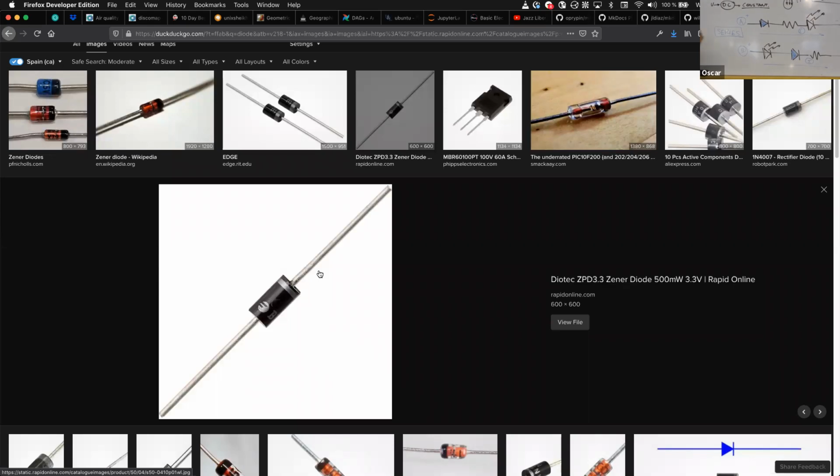What happens if we have the opposite of in series, which is parallel? Instead of that, we have something like this.